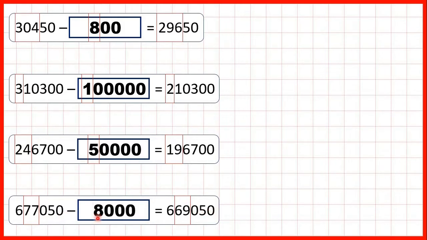So that means 8,000 has been subtracted. 77 minus 8 is 69, and our other digits have stayed the same. So because our hundreds, tens and ones are the same, we need 3 zeros after the 8 to show that it's 8,000s that we've subtracted.